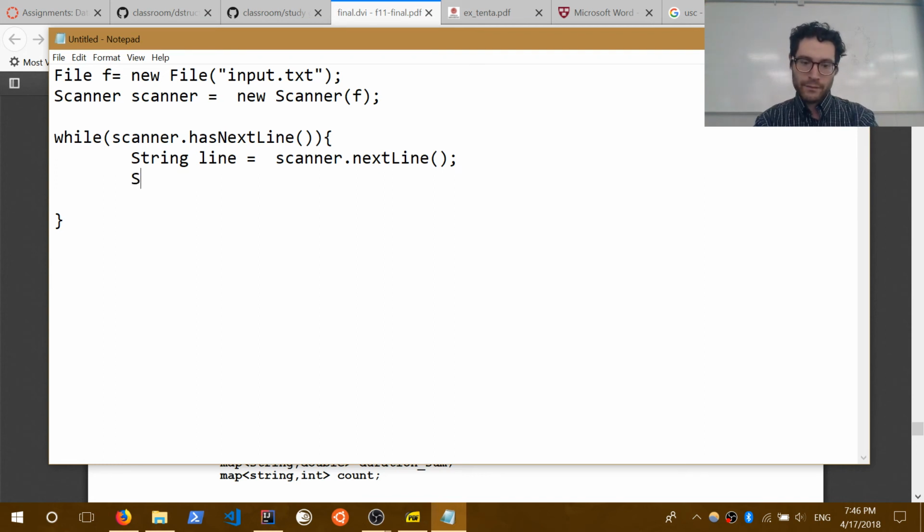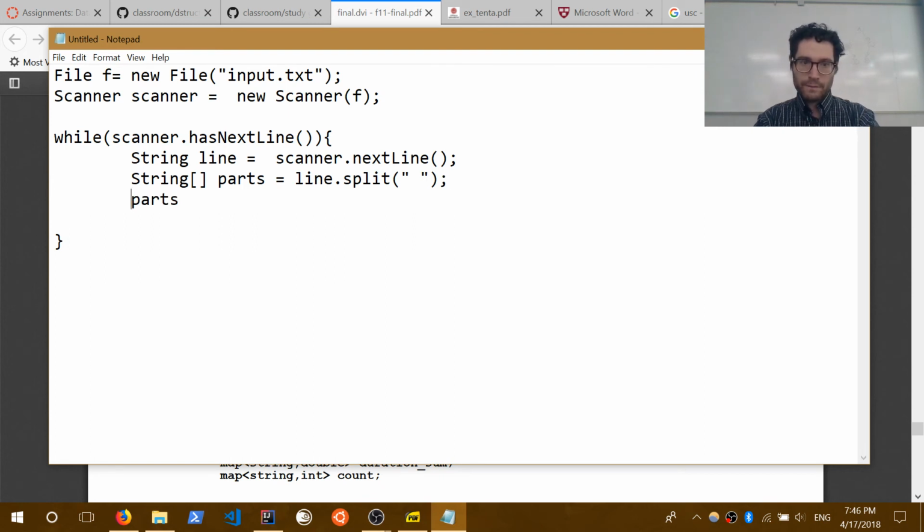So String parts is equal to line.split on the space, and then we can do parts.